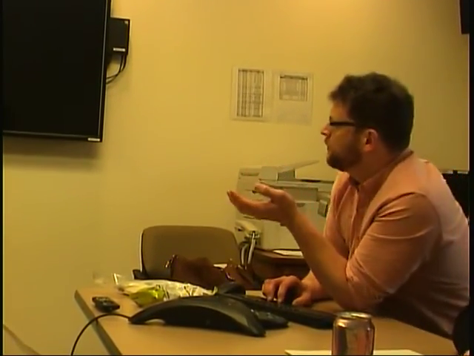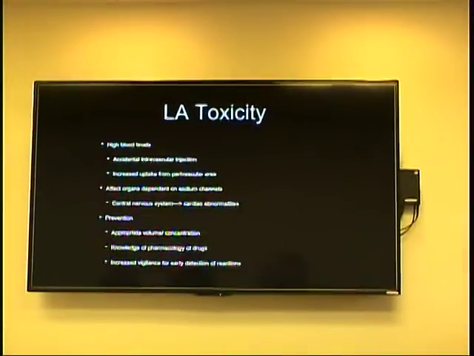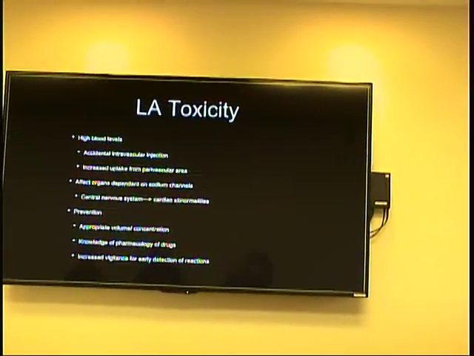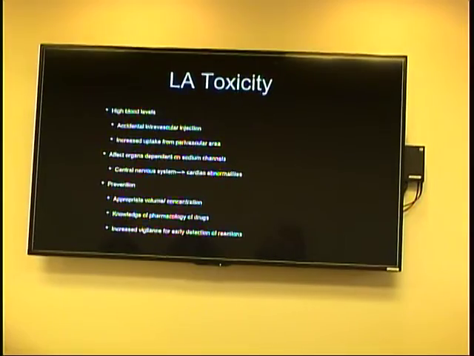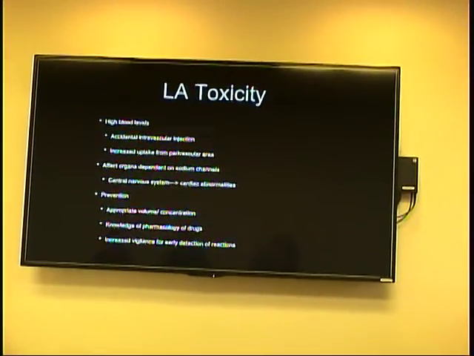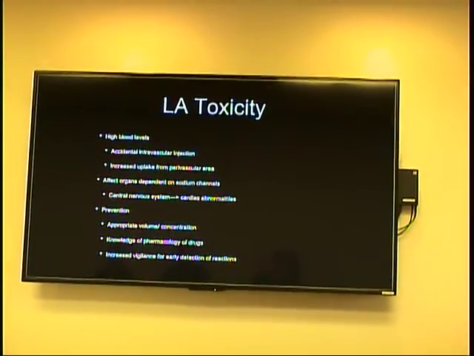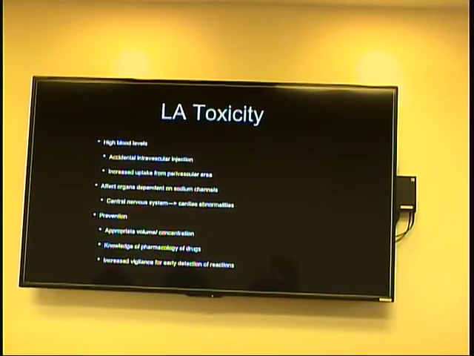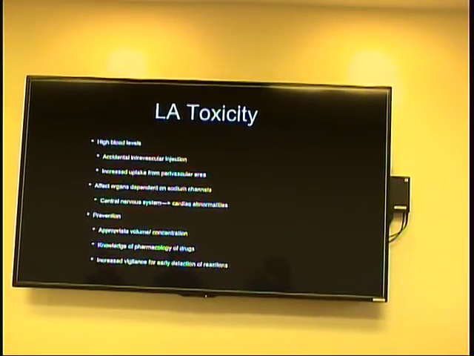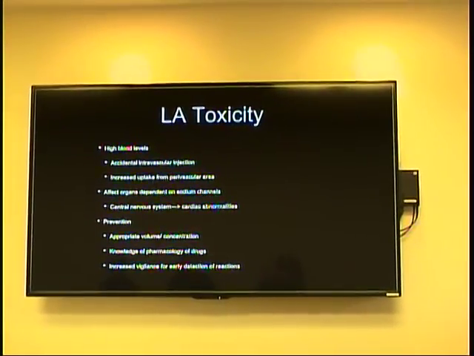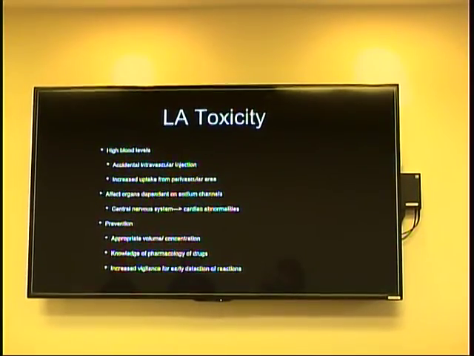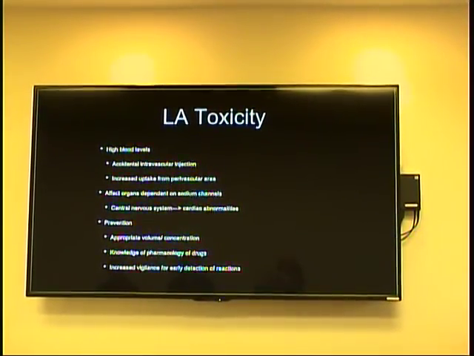When we talk about local anesthetic toxicity, we're talking about high blood levels. That could be because you did an accidental intravascular injection. A lot of nerves in the body are really close to the vasculature, so it's pretty easy to inject into the vasculature without even knowing.